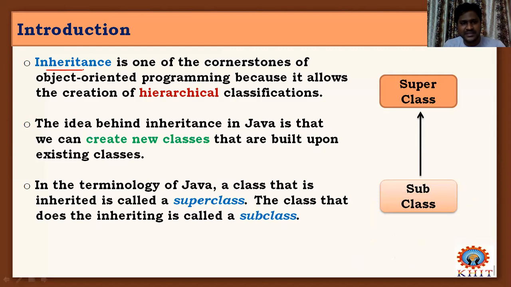This is the most important principle and property of object-oriented programming, specifically designed in the object-oriented programming style. By using this, we can solve many complex programs easily. And why? Because this is important in object-oriented programming. It allows the creation of hierarchical classifications. Hierarchical means level by level.